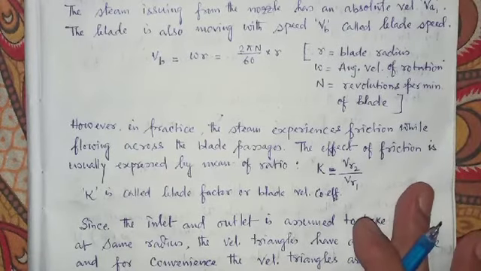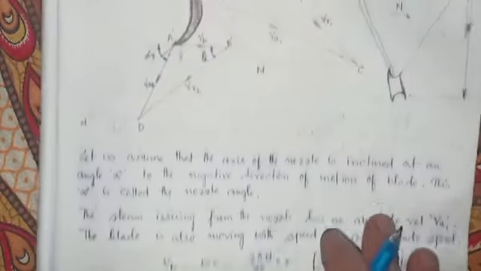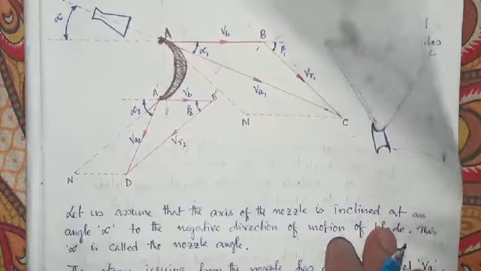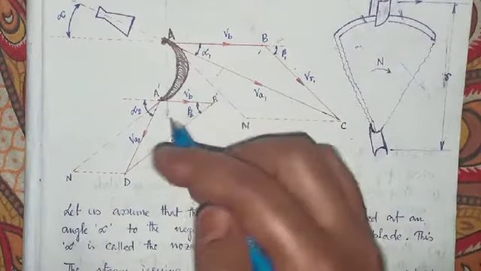Now again the vectorial subtraction of the blade speed. Let's come to the figure where the steam leaves the vane.